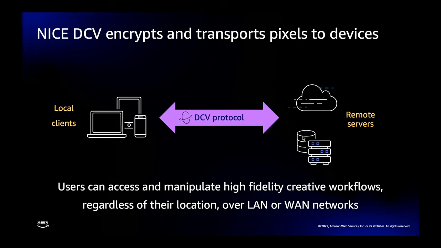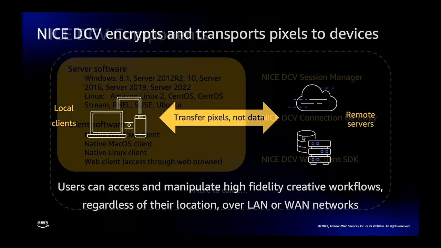How DCV works is that you just need to install software on the server side, and it will transmit the pixels from a remote server on any of the public clouds or on-prem to a local client. Again, all we are doing is transferring the pixels, not data. So it's a pretty secure way to offer a remote workstation solution for your customers.